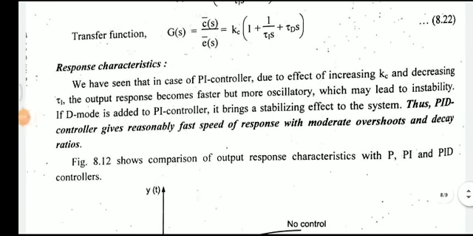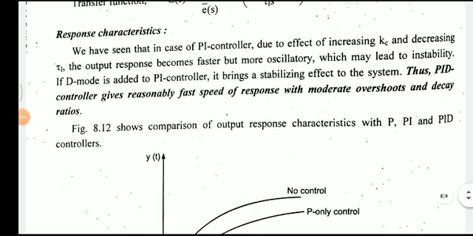Response characteristic. We have seen that in the case of PI controller, due to the effect of increasing Kc and decreasing tau1, the output response becomes faster but more oscillatory, which may lead to instability.